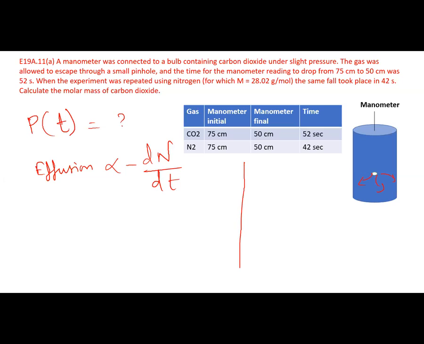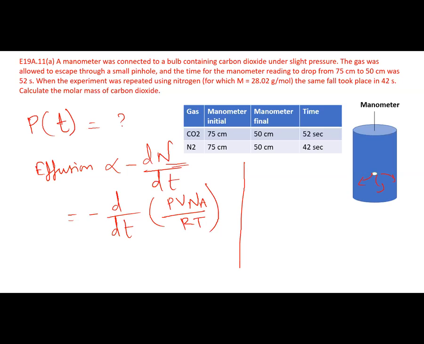Again, we don't know the number density, so we need to use other equations. In one of the previous problems, we replaced the number density with something else, right? So it becomes d over dt, and N becomes PV NA over RT.